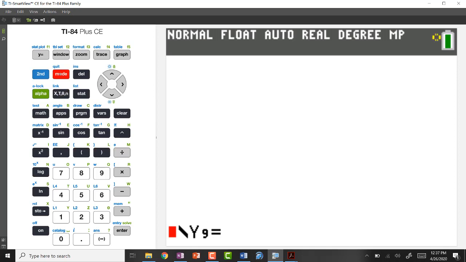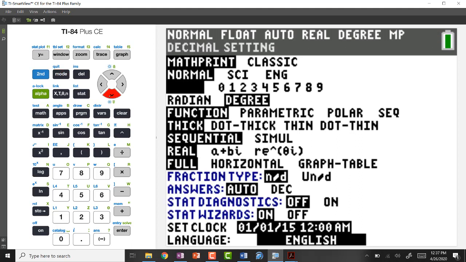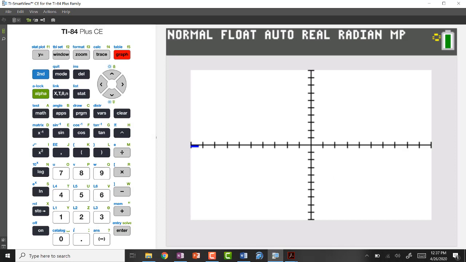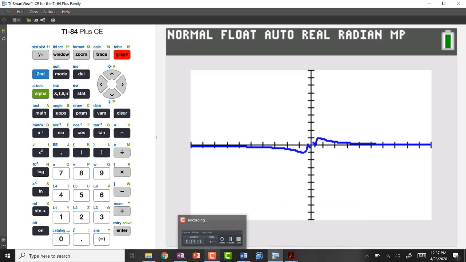Let me make sure I'm in radians here. Okay, so what's happening as it's approaching 0? If you zoom in on this, it's like a big EKG graph. It's oscillating, bouncing back and forth between two values. So it does not exist because it's basically going haywire in there.